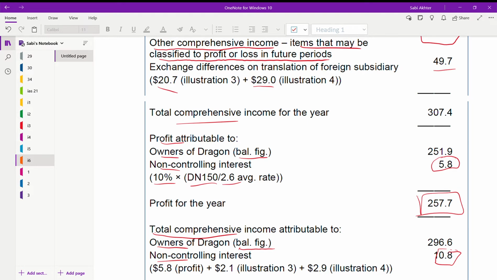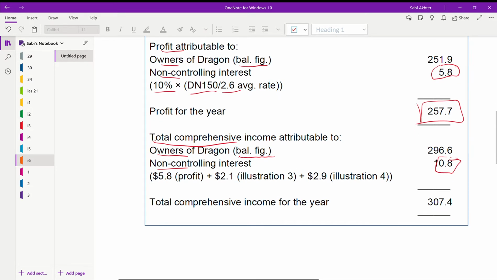And here when it comes to total comprehensive income, what are you doing? 5.8 is the profit plus 2.1 plus 2.9. This 2.1 is relating to goodwill, this 2.9 was relating to the net assets and the profit, the foreign translation gain, and this 5.8 is the profit.